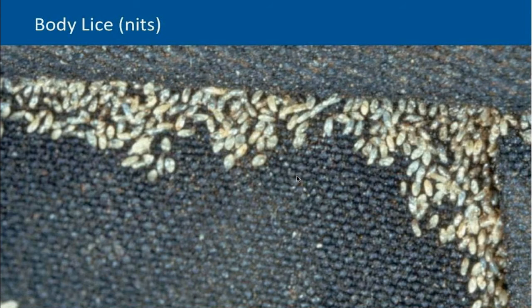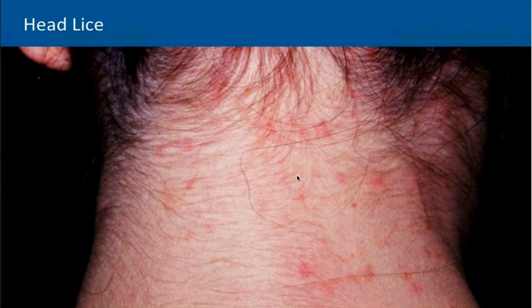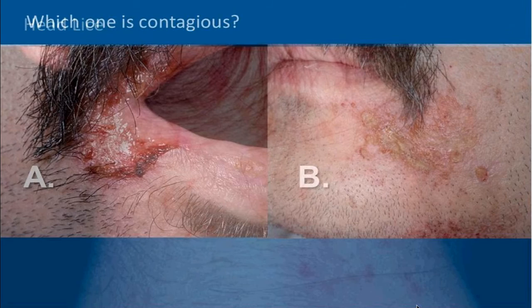The patient was obviously quite sick, but he came in, he's a homeless patient, and you can see these nits in his clothing. This is the classic presentation of head lice rash. The lice live in your hair, but they feed on your blood, and so you'll get these erythematous papules around the neck. And head lice are highly contagious.